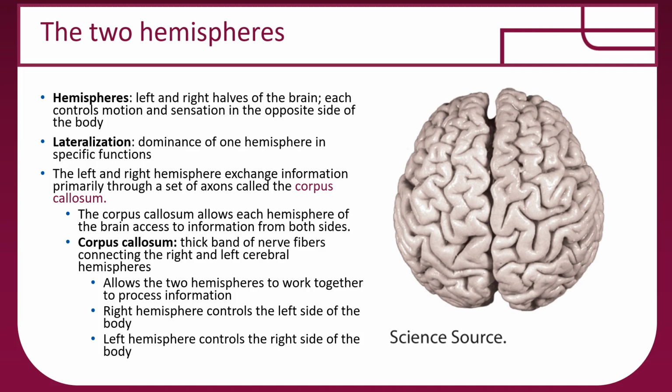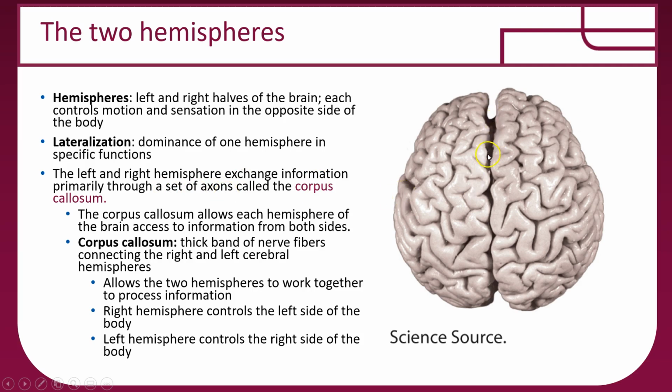For instance, the left hemisphere is better at language, whereas the right hemisphere is better at what we might call finding your way around, or spatial tasks. The right and left hemisphere exchange information through a set of axons called the corpus callosum.